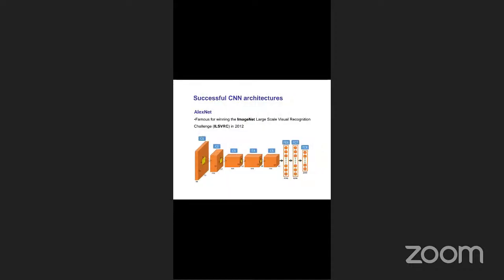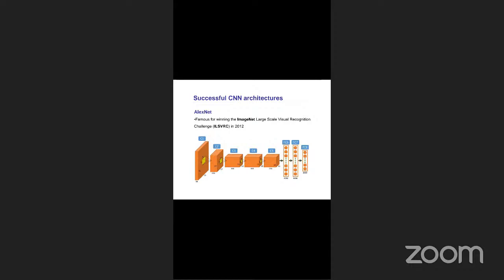There is another successful convolutional neural network architecture called AlexNet. Here also we have the convolutions C1, C2, C3, C4, C5. Then fully connected.